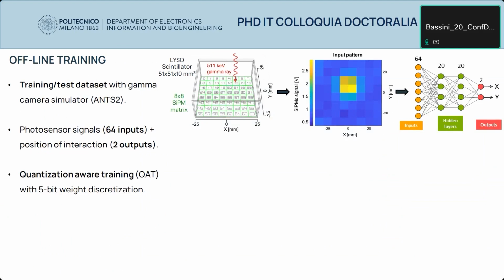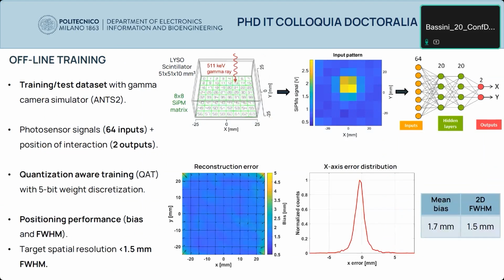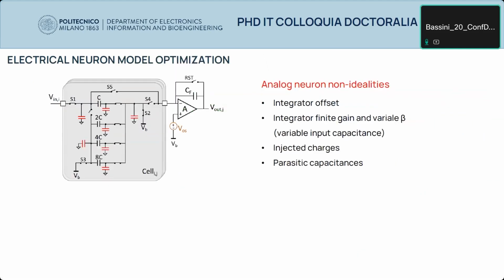The weights are quantized during the training with a quantization-aware training approach, and the metrics used to evaluate the positioning performance of the network are the reconstruction error and the full width at half maximum of the reconstructed position. For PET applications, the target spatial resolution is better than 1.5 millimeters.